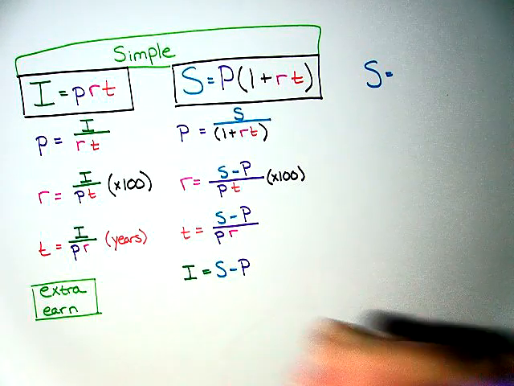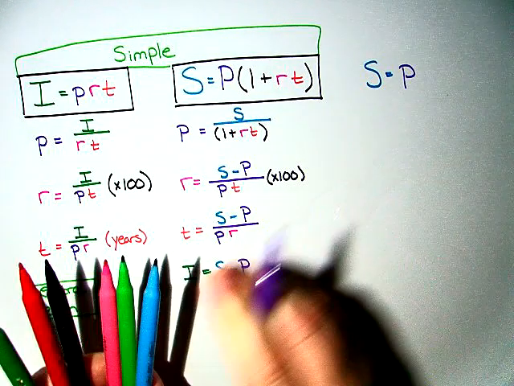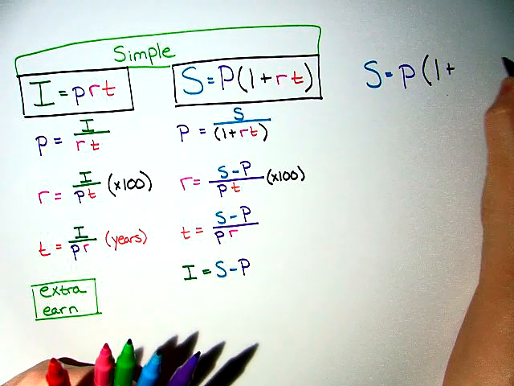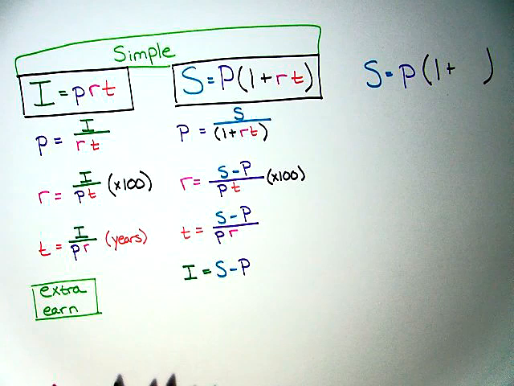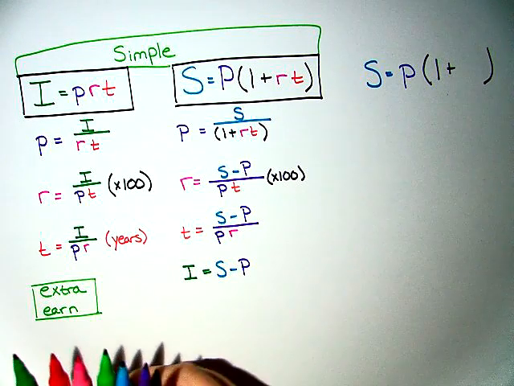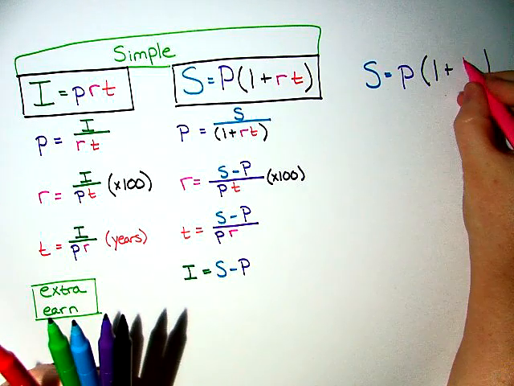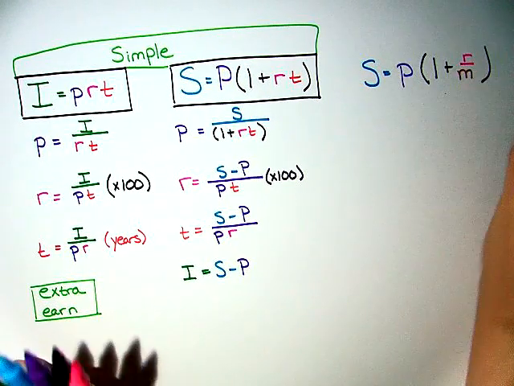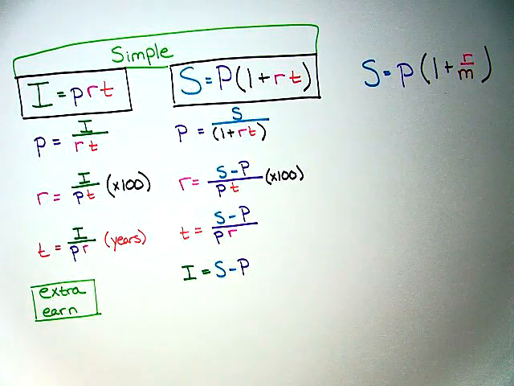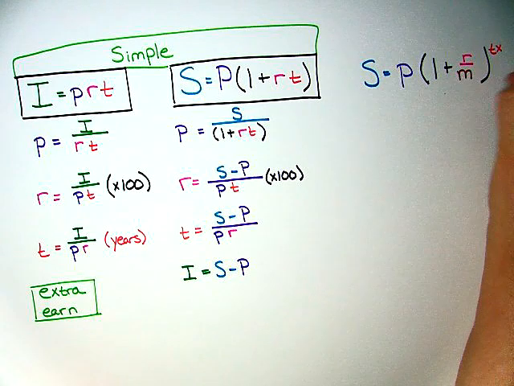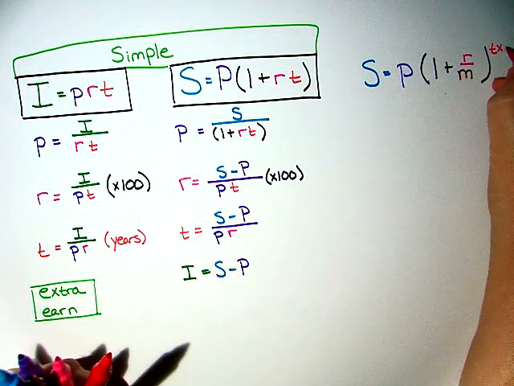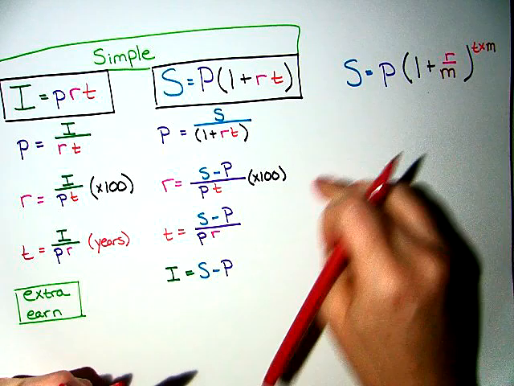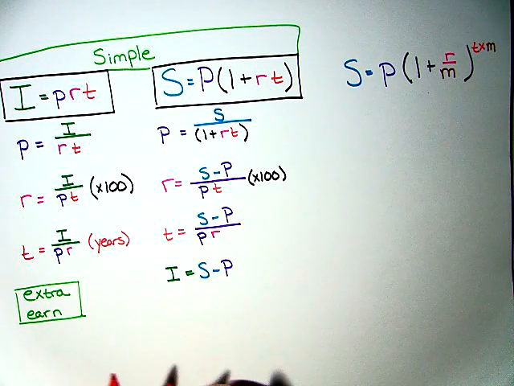So once again, we have S equals P times 1 plus, but instead of writing RT, we're actually going to put our rate divided by our M, multiplied by the time in years times our M. Now remember, the M is the number of times something is compounded in a set period.